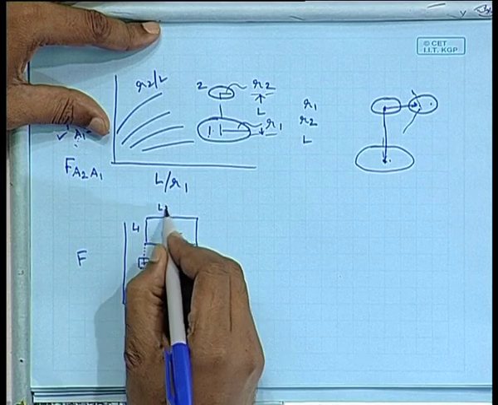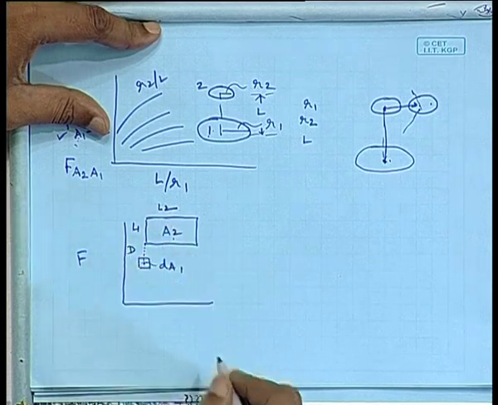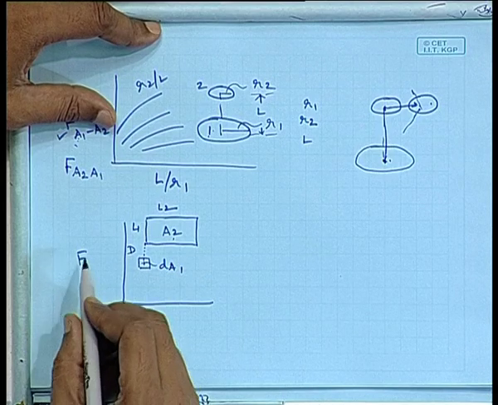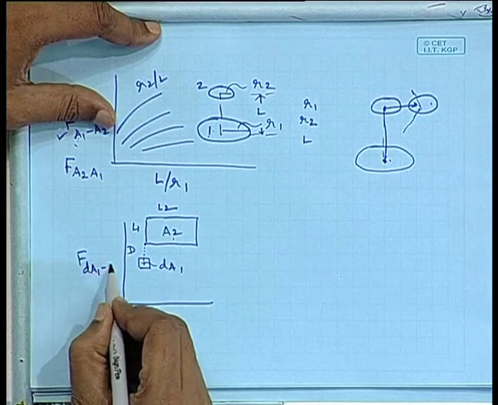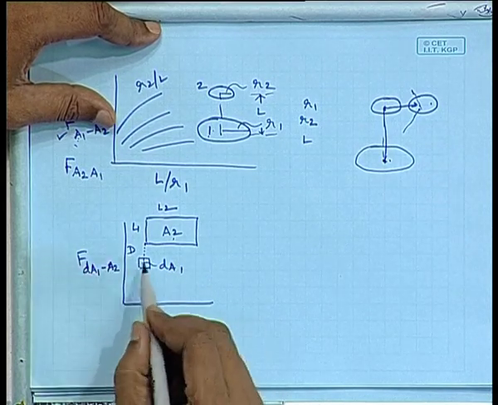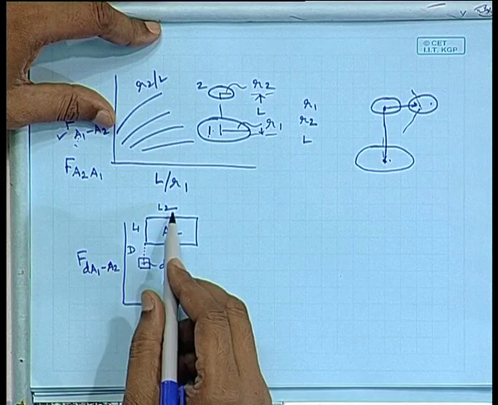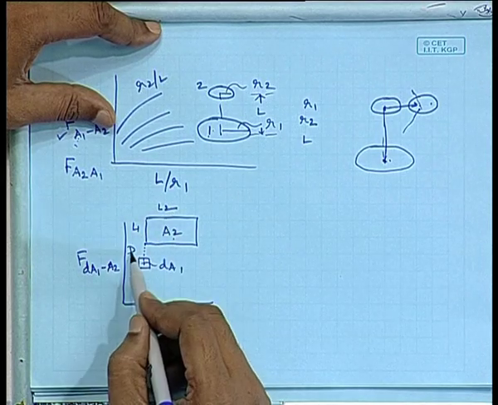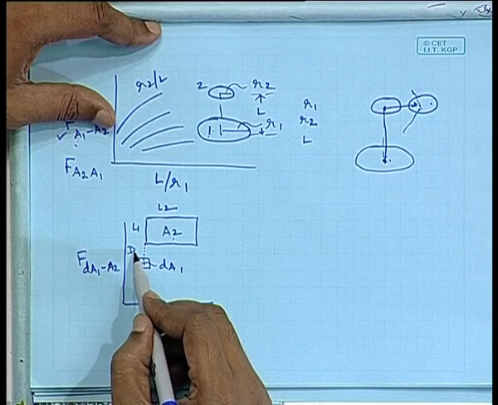L1, L2, etc., as well as the distance between the two matter. So, obviously, you can see that the view factor from dA1 to A2 would depend on L1, on L2, and at the same time on D, right.